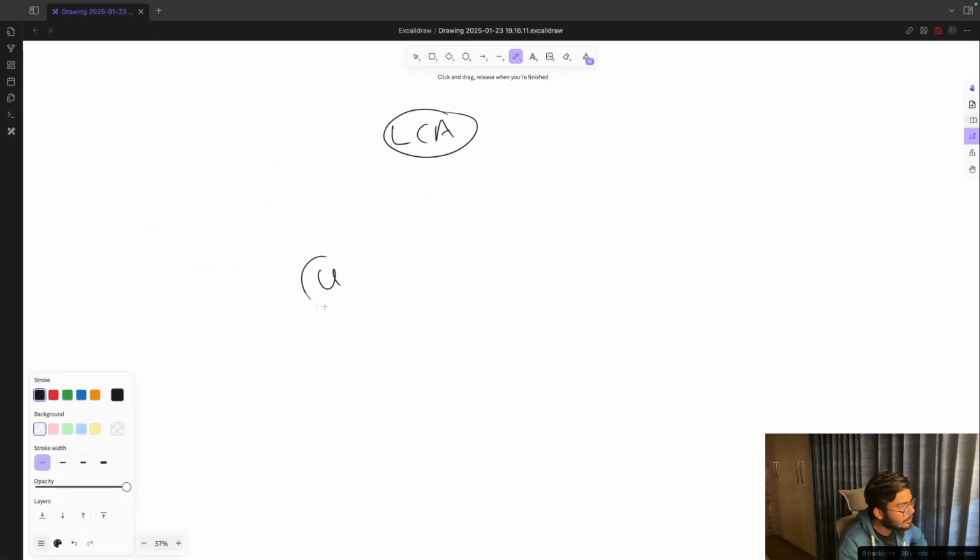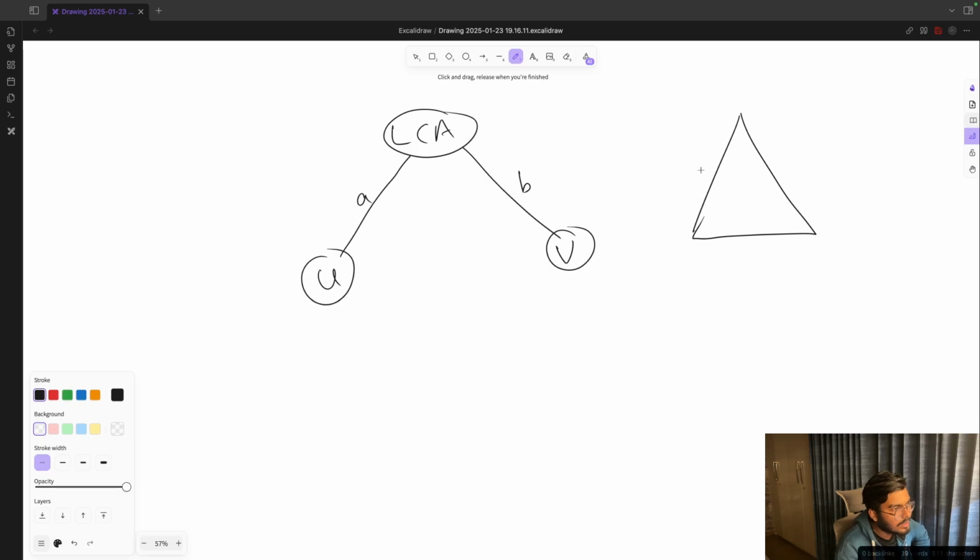You have a node U, you also have a node V. Okay, so this is at distance A and this is at distance B. So it is saying we have a triangle basically, with sides A and B, and this is a triangle with third side X, right? And we need to find the number of integral values of X that are possible. That is the answer for f.